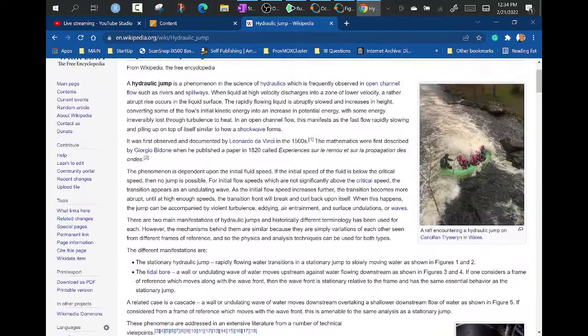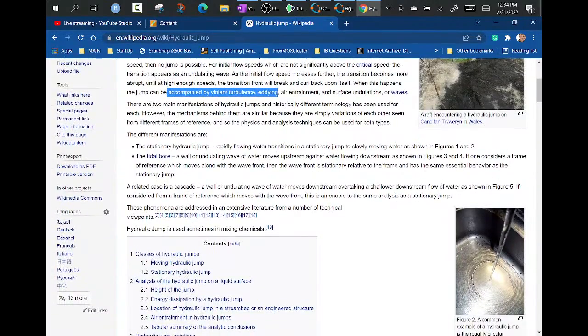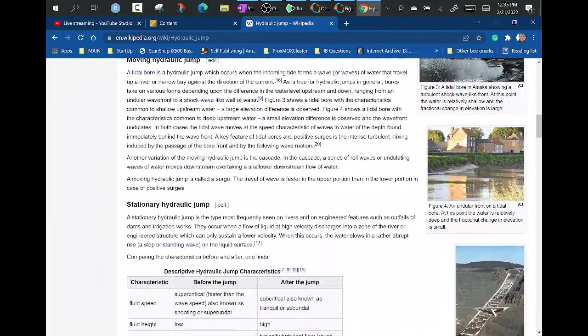Hydraulic jump. The first couple things you see, let me see if I can select this, are the words accompanying violent turbulence. Violent turbulence and eddies are created because of the loss. So if there's a loss, you could easily have hydraulic jump. And so he might actually give you some good pictures, and maybe he won't.